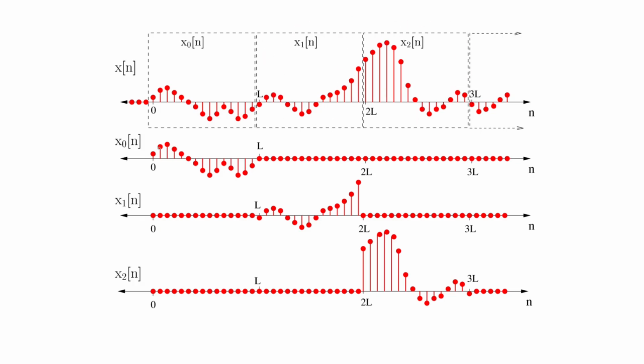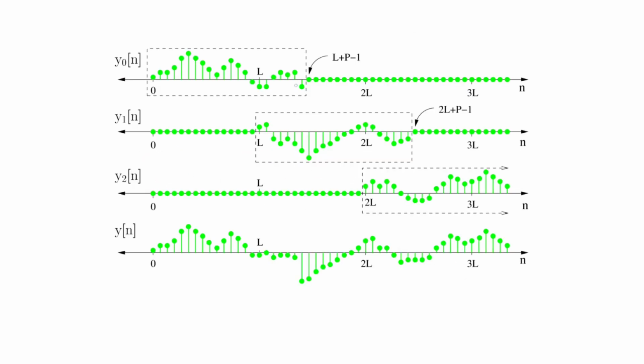And just from the definition of these windows, window 0 will be the same as x[n] inside the window and then zeros everywhere else. Similarly window 1 is zeros, then window 1, then zeros, and window 2, and so on. Now what we do is we calculate the convolution of each of these separately with h[n], and this is the output of the convolution for window 0.